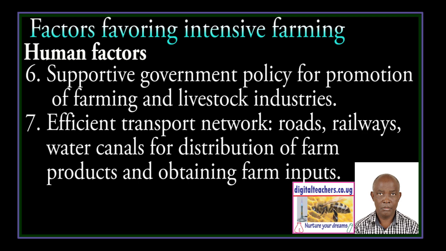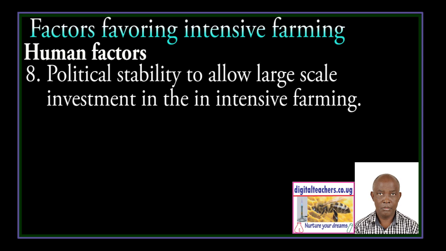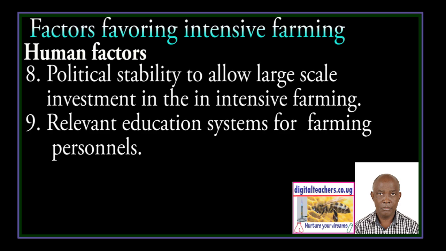Efficient transport network, for instance roads, railways, water canals for distribution of farm products and obtaining farm inputs. Political stability to allow large-scale investment in intensive farming. Relevant education system for farming personnel.